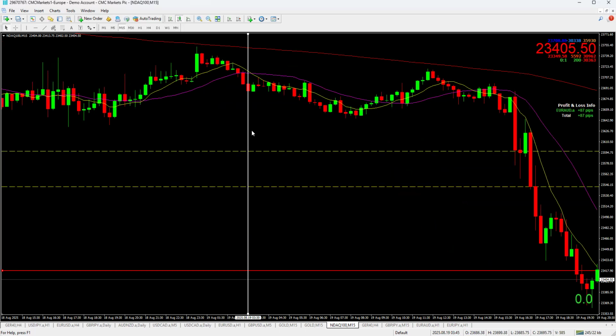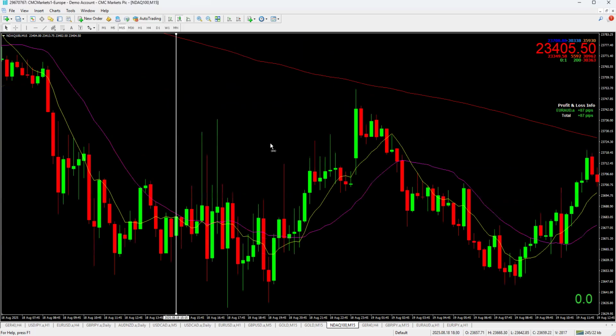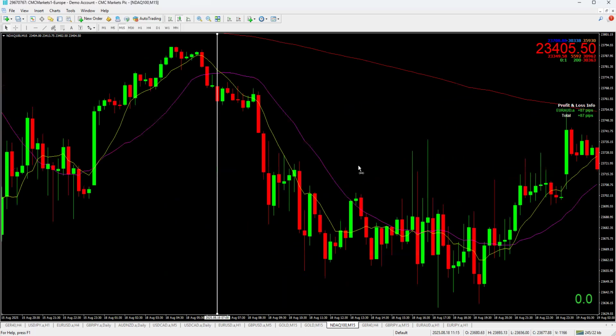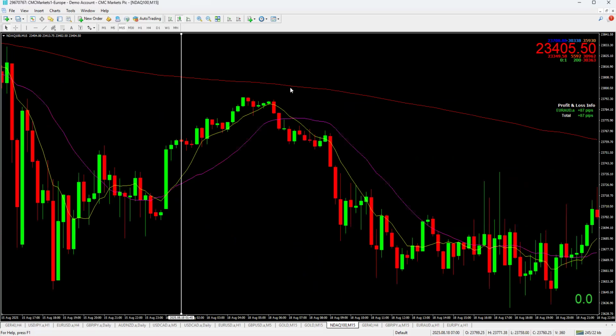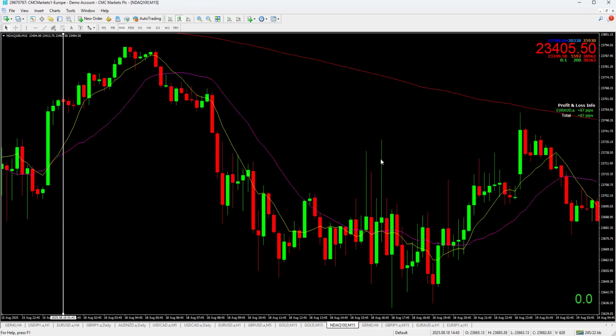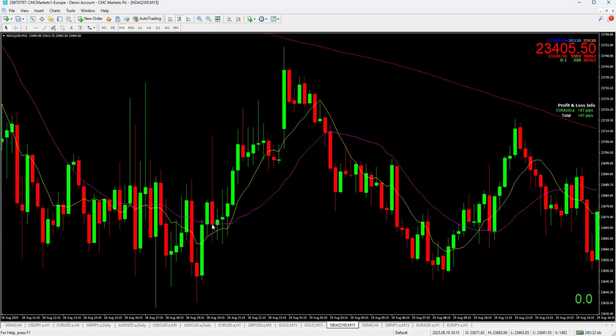Because think of it this way. All this time, the 200 remained on top, but the 10 was just crossing up and down the 20.